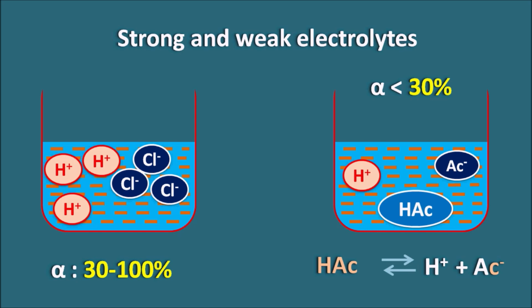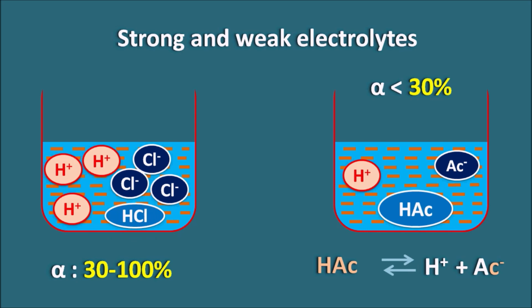Strong electrolytes have a high degree of dissociation, and HCl acts as a very strong electrolyte and is dissociated to a high degree when dissolved in water. But still the degree of dissociation of HCl may not be equal to 100%, and we can observe some undissociated HCl present in the solution.